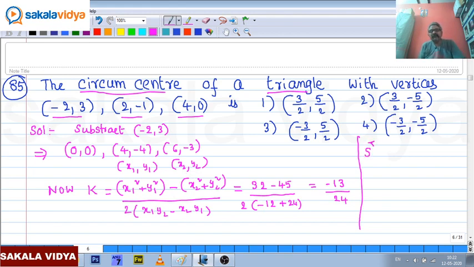Say S dash, S star equal to K. Minus K means 13 by 24 into y1 minus y2. y1 minus y2 is minus 1, comma minus 13 by 24 into this will be how much? 4 minus 6 is minus 2.